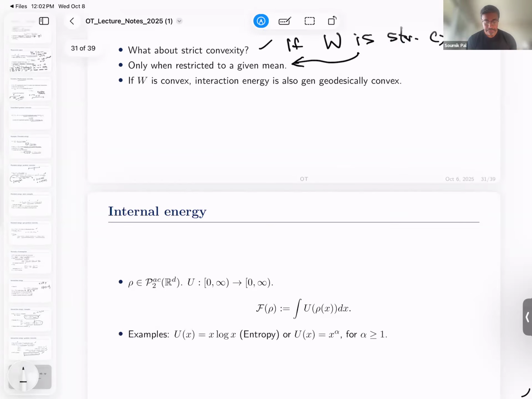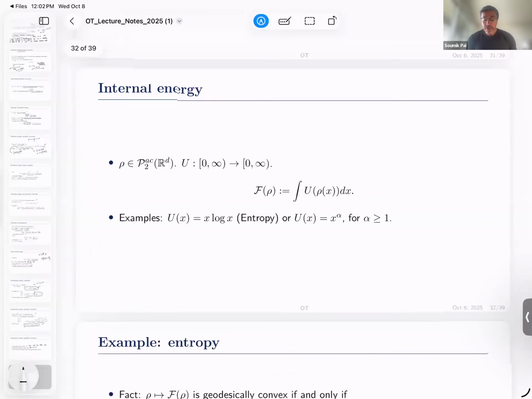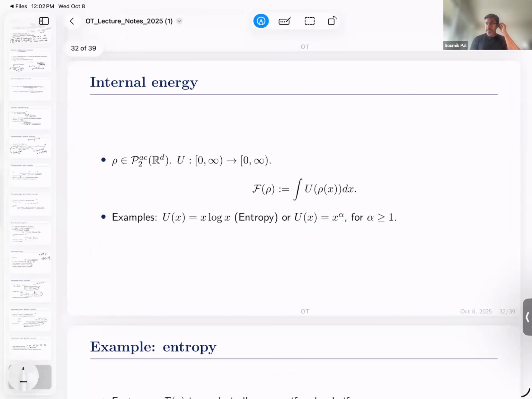Everybody is clear? The most important function for which we're interested in convexity or geodesic convexity is what is called internal energy. Now, what is an internal energy? It looks like this. If you take a probability measure which is absolutely continuous, take a function u which takes non-negative numbers to non-negative numbers, and actually I will need to assume that u of 0 is 0.